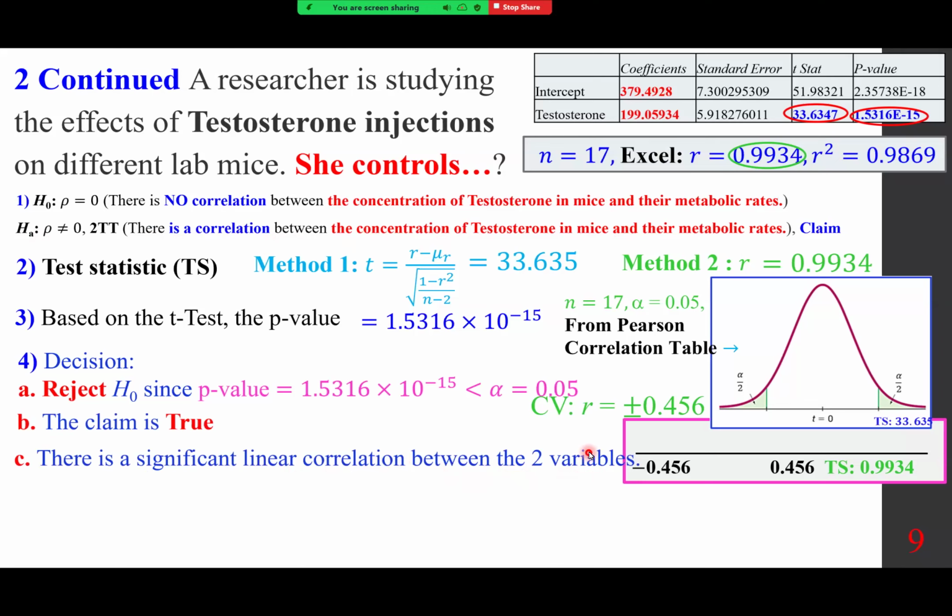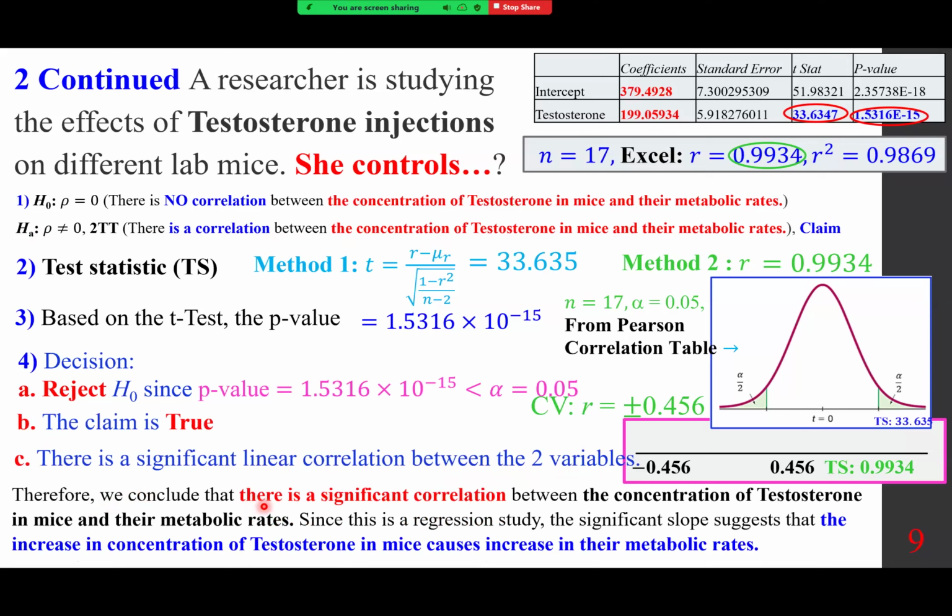What does it mean? Therefore, we conclude that there is a significant correlation between the concentration of testosterone in mice and their metabolic rates. Since this is a regression study, the significant slope suggests that the increase in concentration of testosterone in mice causes an increase in their metabolic rates.